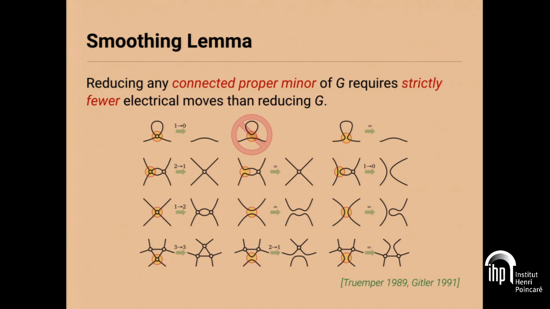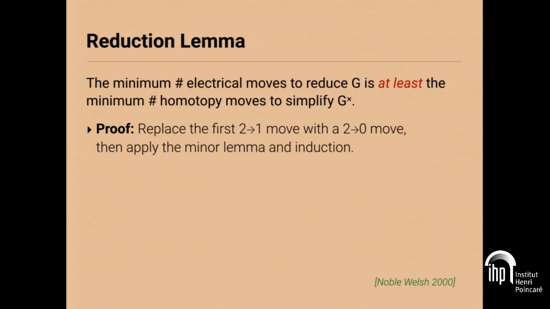This is just case analysis. And then a consequence of that is that the minimum number of electrical moves you need to reduce a graph is at least as large as the number of homotopy moves you need to reduce its medial graph.